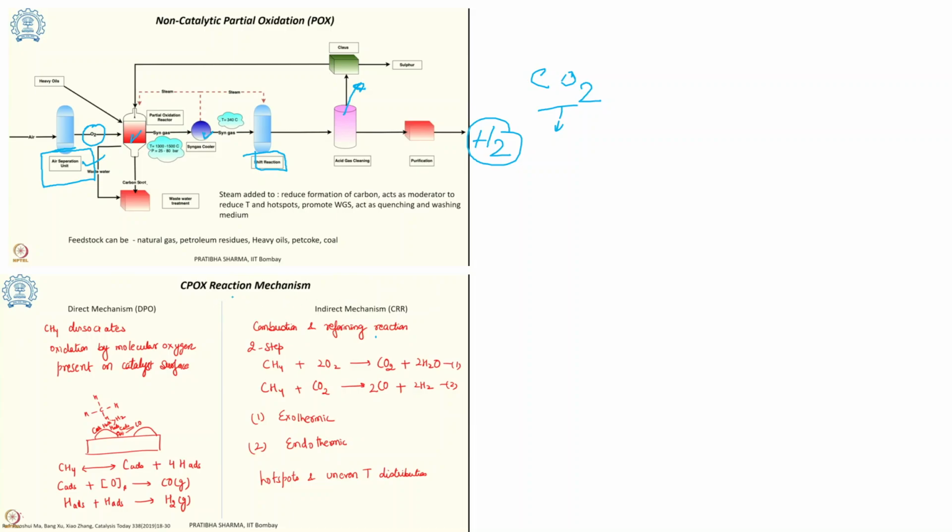One thing I want to address here is how the catalytic reaction forms in the catalytic case. In the reactor there is the support, basically Al2O3, and this is the catalyst, basically a nickel catalyst.